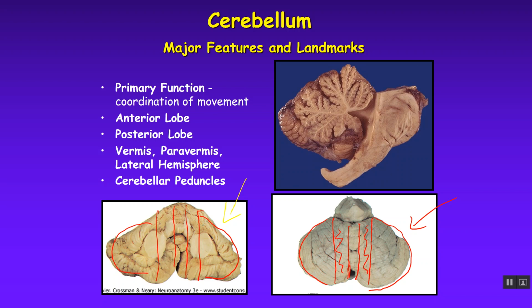We'll do a whole lecture on cerebellum and basal ganglia, and you'll learn about the role those play, and why it's more important to know those vertical divisions than the anterior and posterior lobe. The vertical divisions are more functionally relevant to what parts of our body are controlled by the cerebellum for coordination.